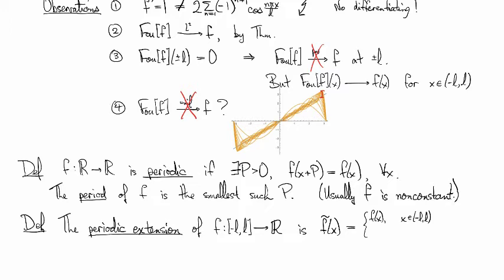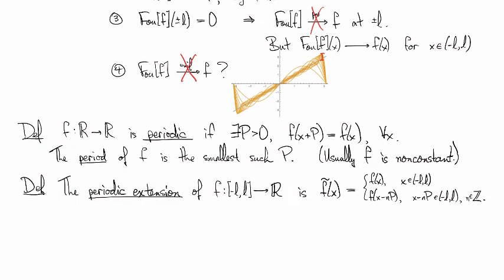And then for other values, what you do is you evaluate f at x minus some integer multiple of p, where x minus np is now in this interval so that it's well defined. And it can be shown that there's a unique integer that will make that true.